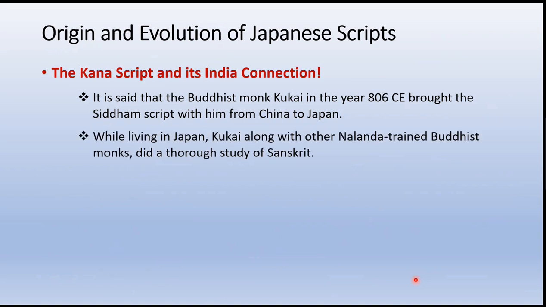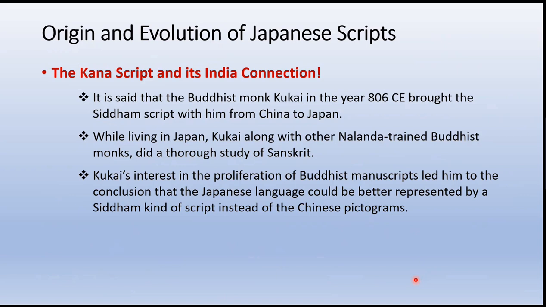While living in Japan, Kukai, along with other Nalanda trained Buddhist monks, did a thorough study and research in Sanskrit. For those who don't know, Nalanda is a famous historical place in India where Buddhism grew.